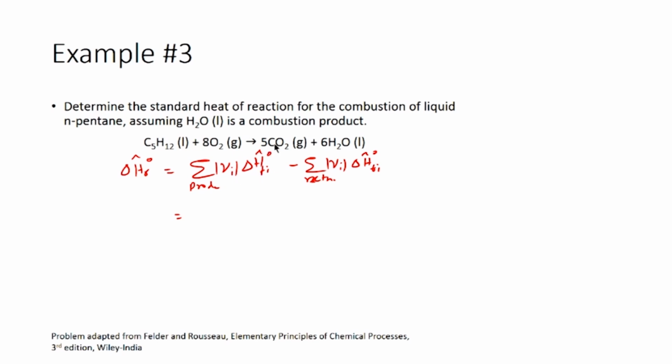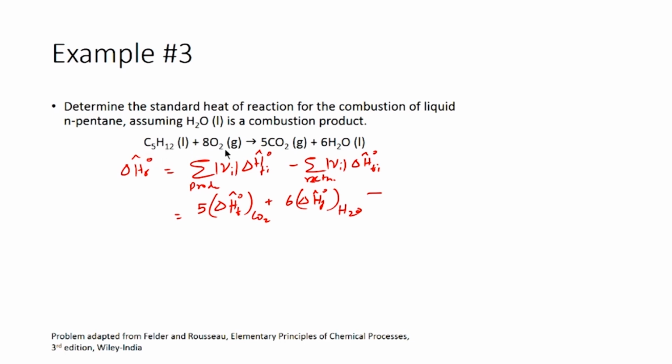Now, this would mean that the equation would look like this. You have different components, which are carbon dioxide and liquid water, in the products. So, the stoichiometric coefficients are 5 times delta H f cap of carbon dioxide plus 6 times delta H f cap of liquid water, and on the reactant side you only have pentane, which is a compound.